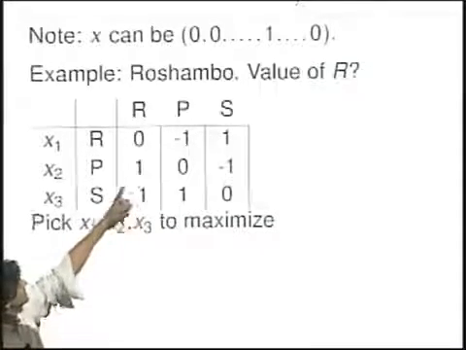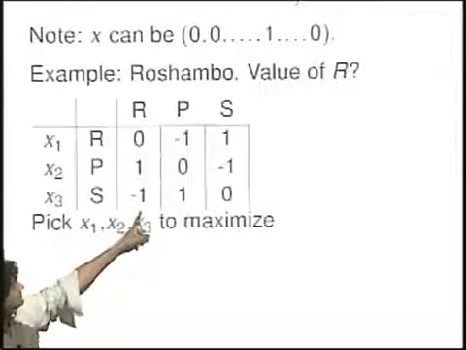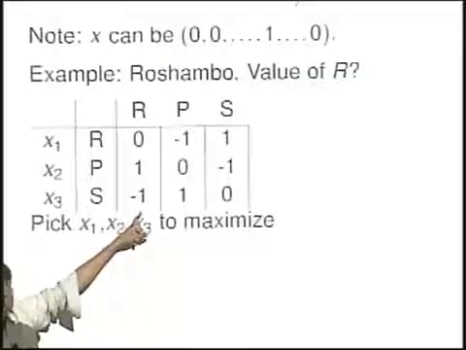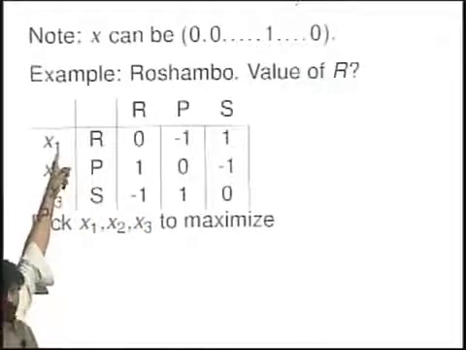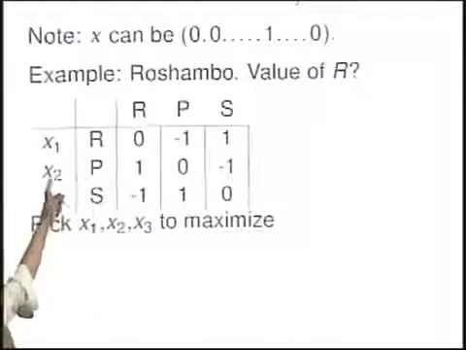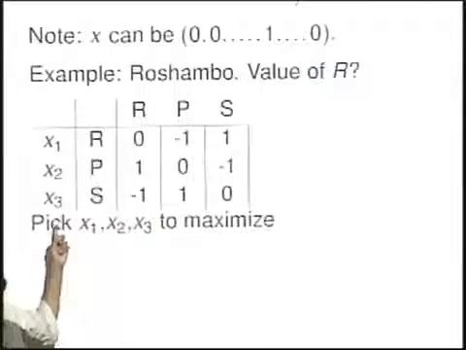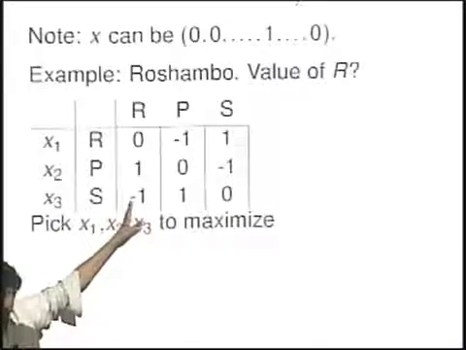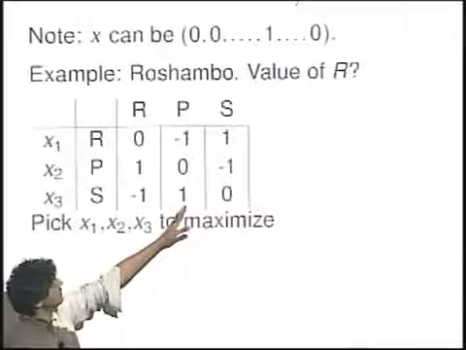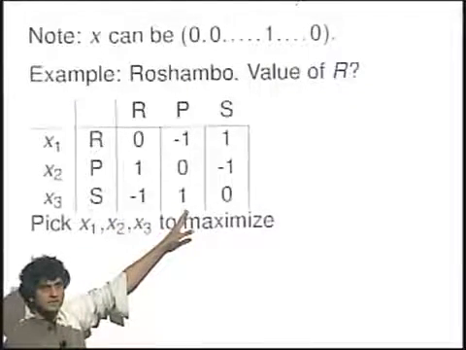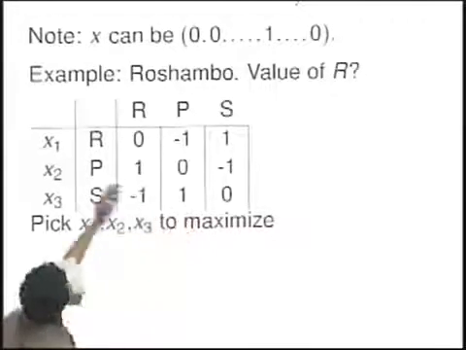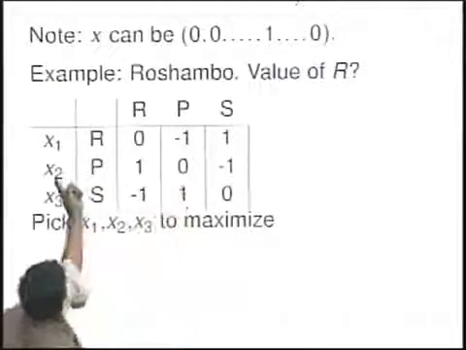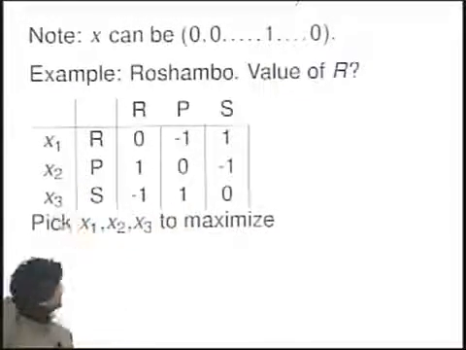What does the column player get from this column? 0 times x1, 1 times x2, minus 1 times x3. That's what the column player gets from playing this column. What does he get from playing this column? Negative x1, 0 times x2, positive x3.